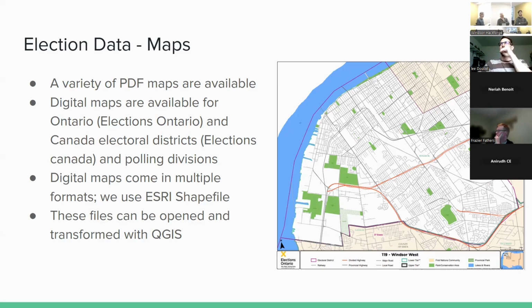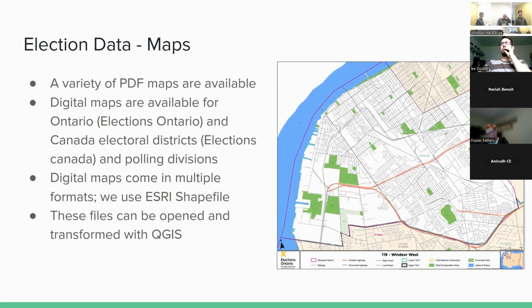I got the polling division data that we're going to look at today from the Canada open data site. I believe Elections Canada and Elections Ontario will just send you to that open data site, but there are other sources as well. Lots of formats for this data. I use the Esri shapefile format because it's well understood by me and it's easy to work with using QGIS. That's the software I recommend that you use to work with map data on your desktop.